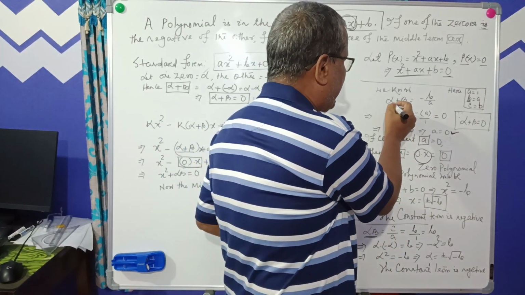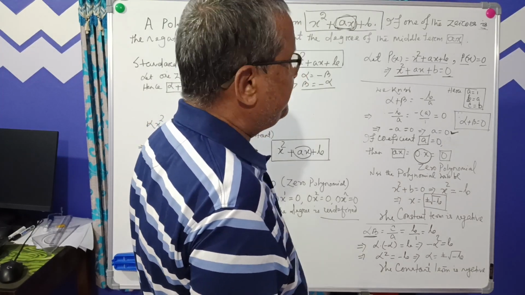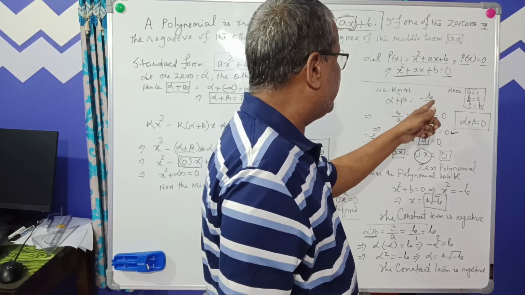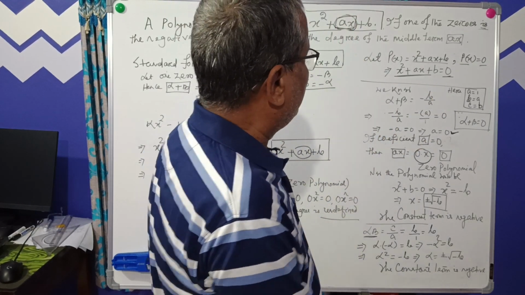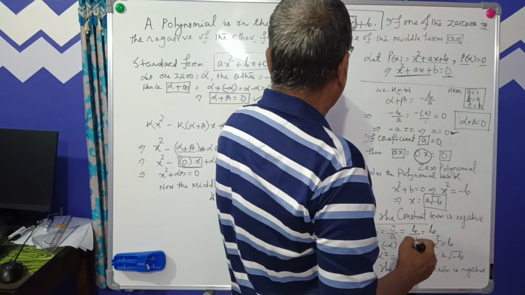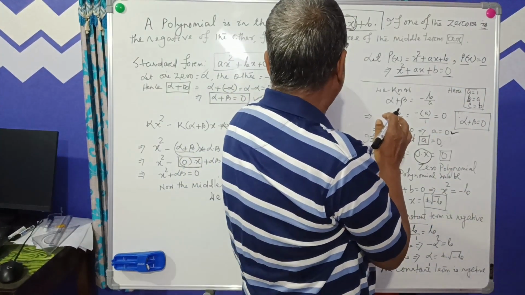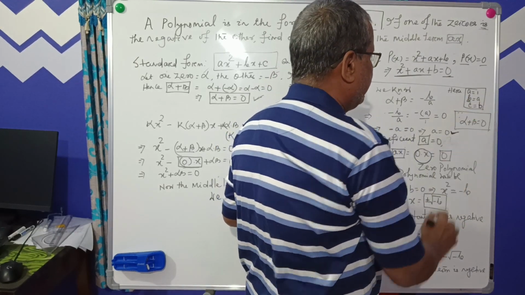So we know alpha plus beta, this formula has been derived from the standard form. Alpha plus beta is equal to minus b by a. You see, from the question, a is the coefficient of x square, so a is 1. B, the coefficient of x, is a, and c, the constant, is b.